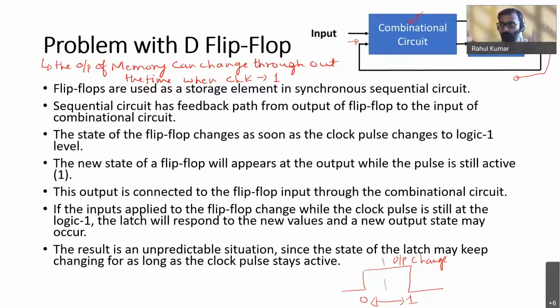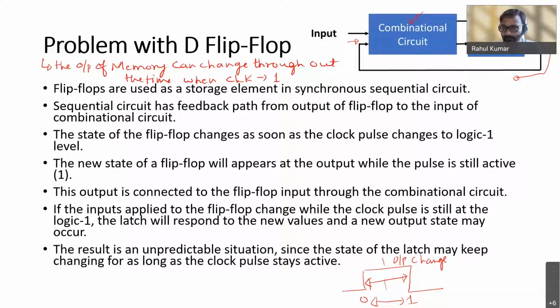It can change throughout that duration. And generally your logic circuits operate very fast, so your output will change continuously. Instead, what we want is the memory should store whatever the output is. It should remain the same. It should not frequently change. It should not continuously change. But if you use a D latch as a flip-flop, this is going to happen.